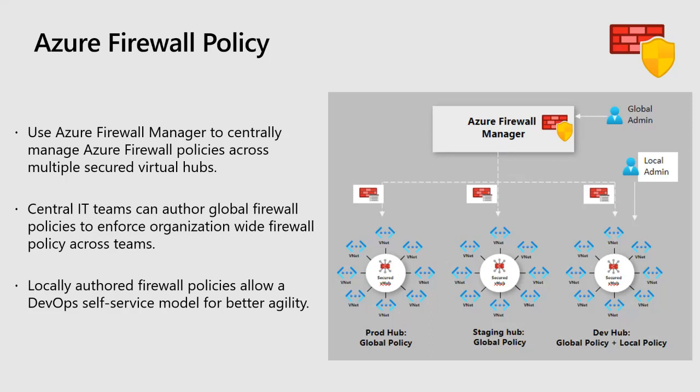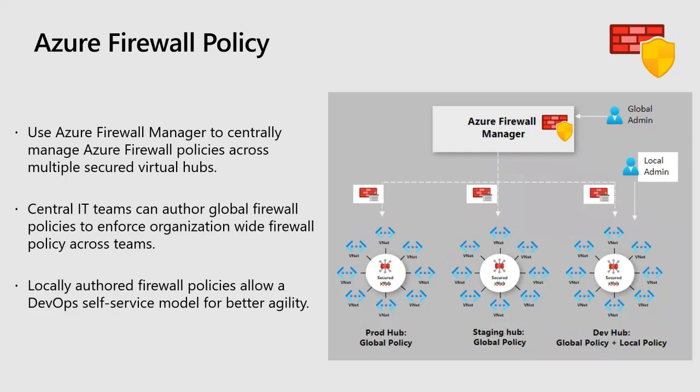Threat intelligence mode is also inherited from the parent policy. You can set your threat intelligence mode to a different value to override this behavior, but you can't turn it off. It's only possible to override with a stricter value. So for example, if your parent policy is set to alert only for threat intelligence, you can configure your local policy to alert and deny. The threat intelligence allow list is inherited from the parent policy as well.